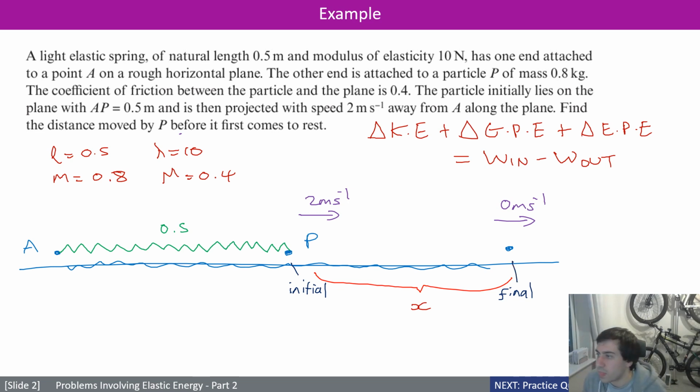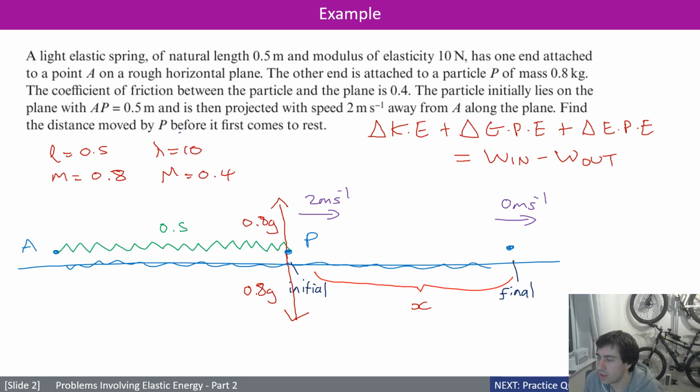Okay, so we want to label some forces in this case. The weight is in this case 0.8 g. It's not falling through the floor, it's not flying up in the air, so therefore the reaction force must be the same. And we've also got the friction force, right? So in this case, this object P is being pushed to the right, so there's going to be friction going to the left.